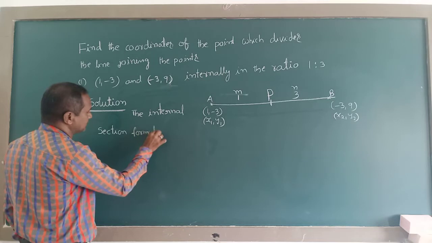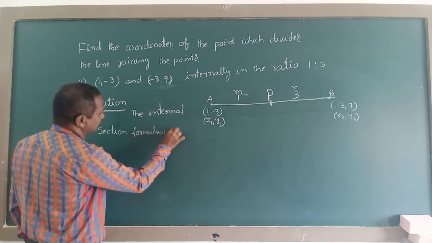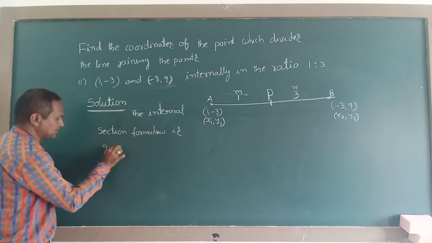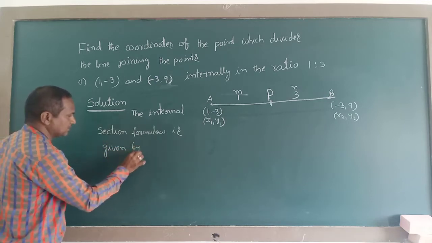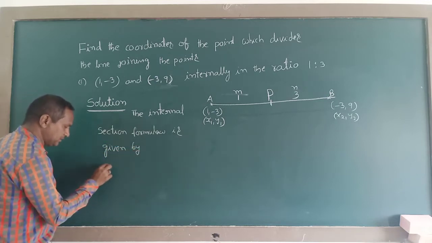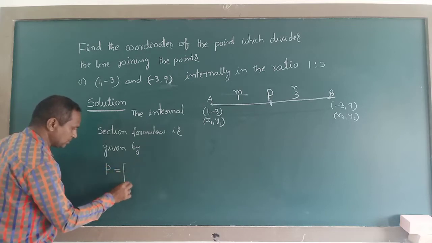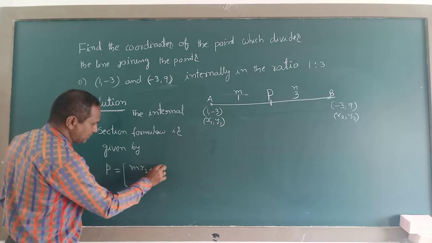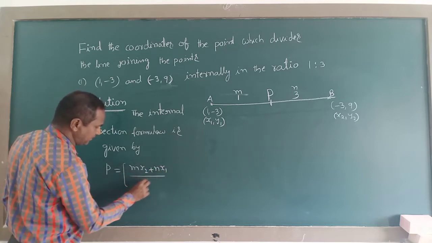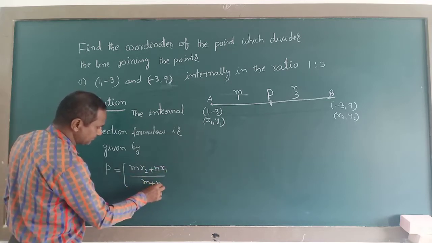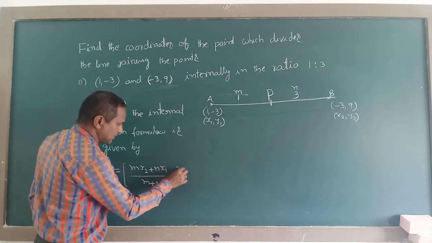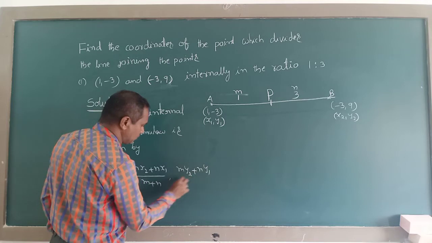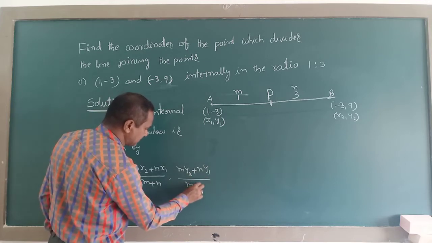The internal section formula is given by P equal to (mx2 plus nx1) whole divided by (m plus n), comma, (my2 plus ny1) whole divided by (m plus n).